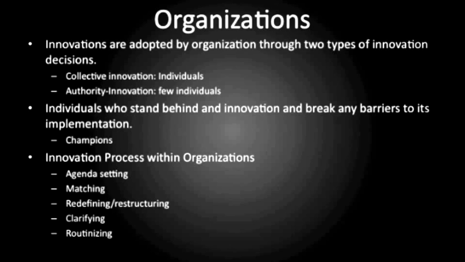The innovation process within organization also goes through 5 stages similar to those of the innovation decision process individuals undertake. These include agenda setting, matching, redefining or restructuring, clarifying, and routinizing.